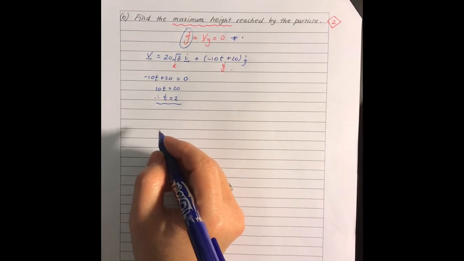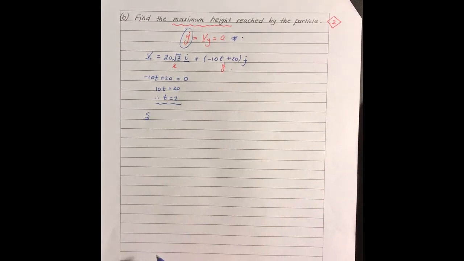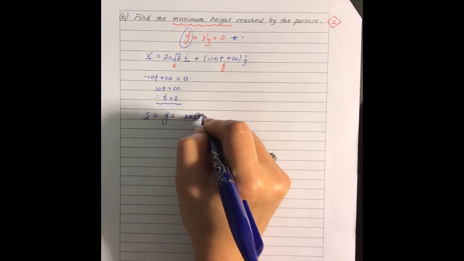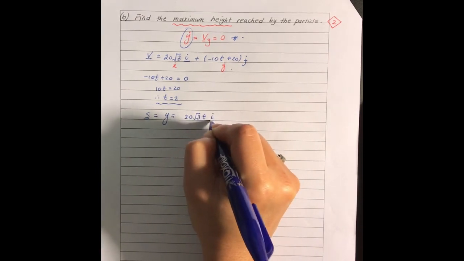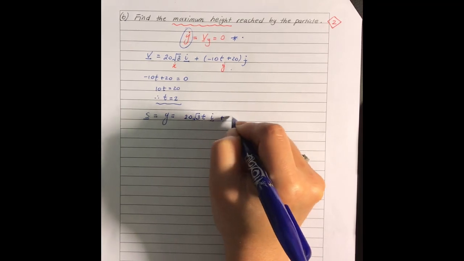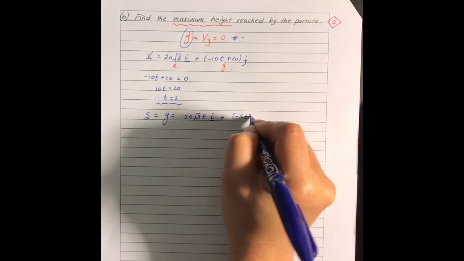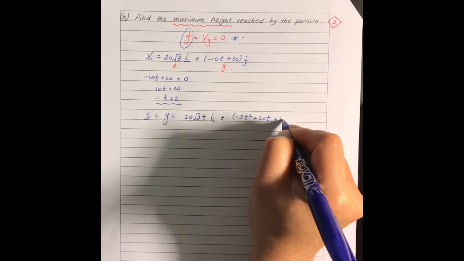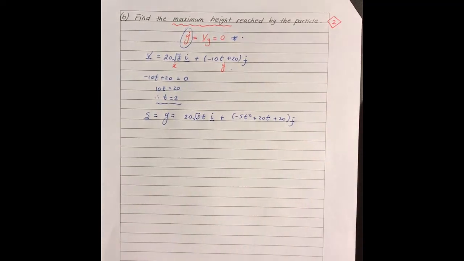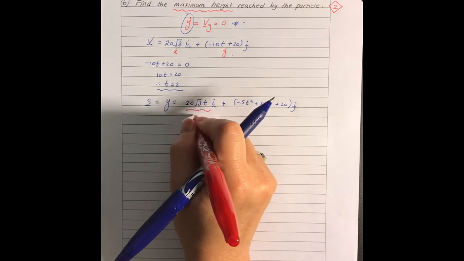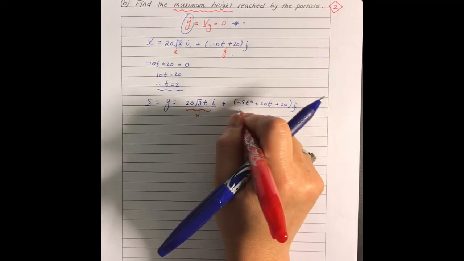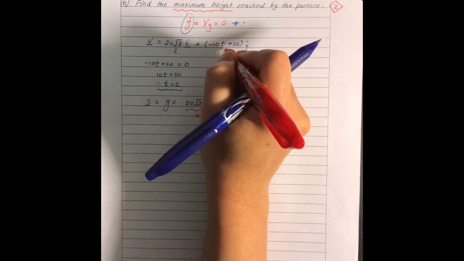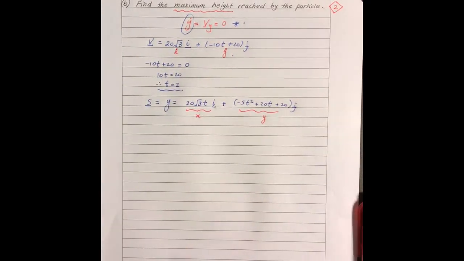Now we can use the displacement vector, 20 root 3 t i, the formula that we got from part A, minus 5t squared plus 20t plus 20, j. Again, that's x, that was y. So don't forget, that's the velocity there.